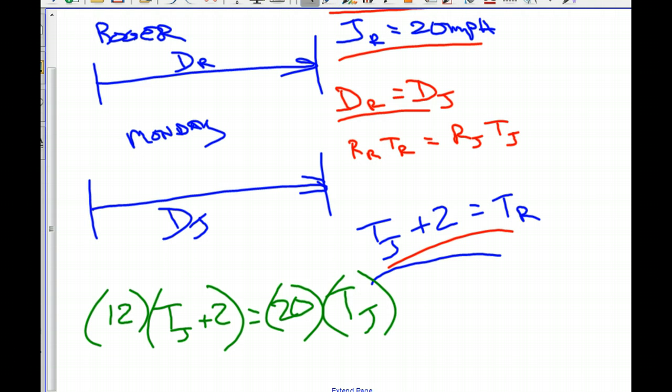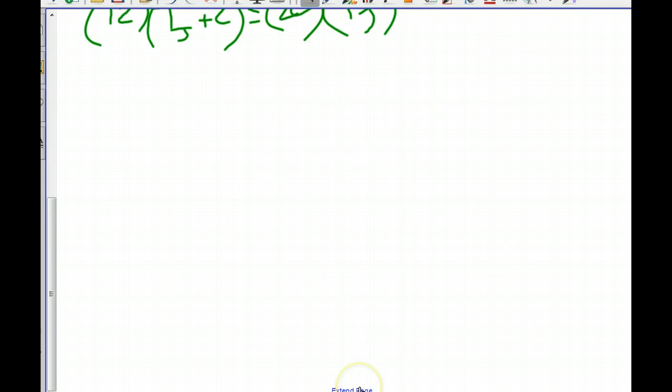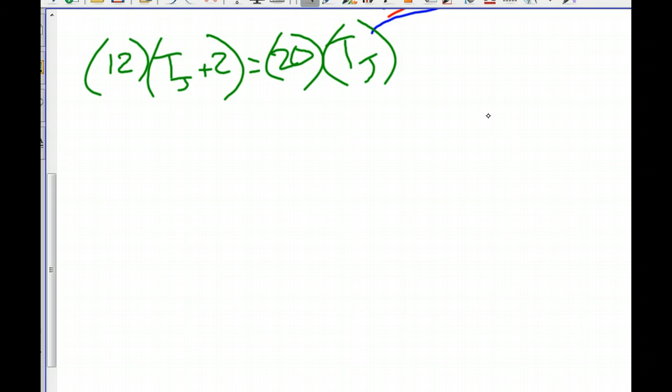So what is the variable that we don't know? The time of Judy. Is that what we're looking for? No. We're looking for how far they went. We don't care about how long it took Judy, but you have to find out how long it took Judy in order to find out how far they went.